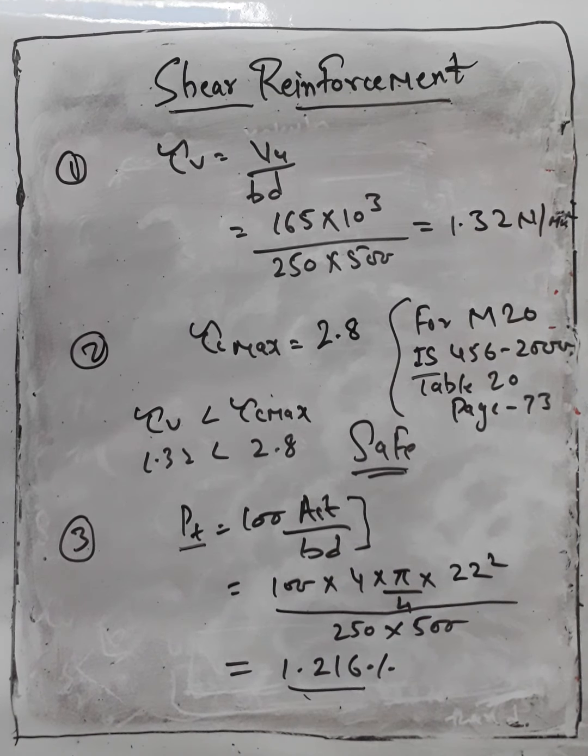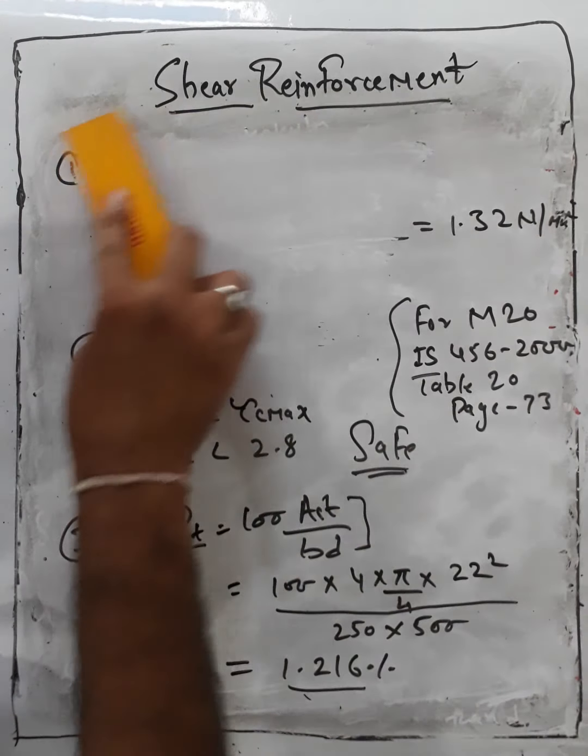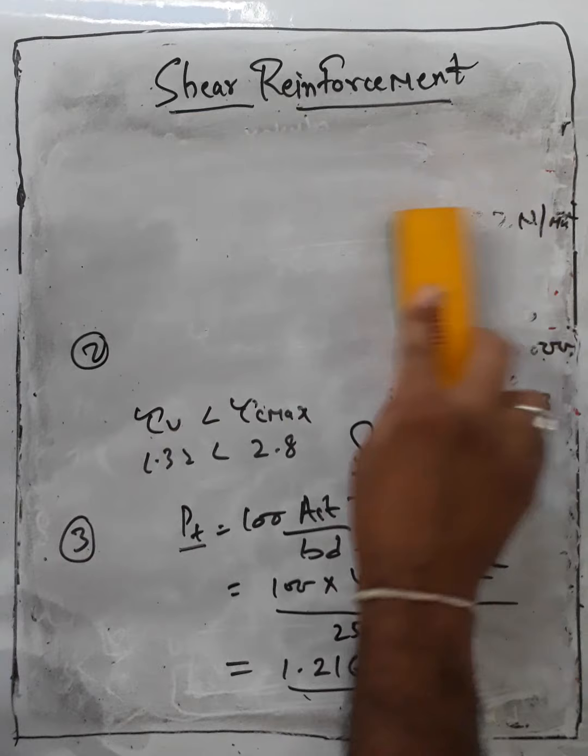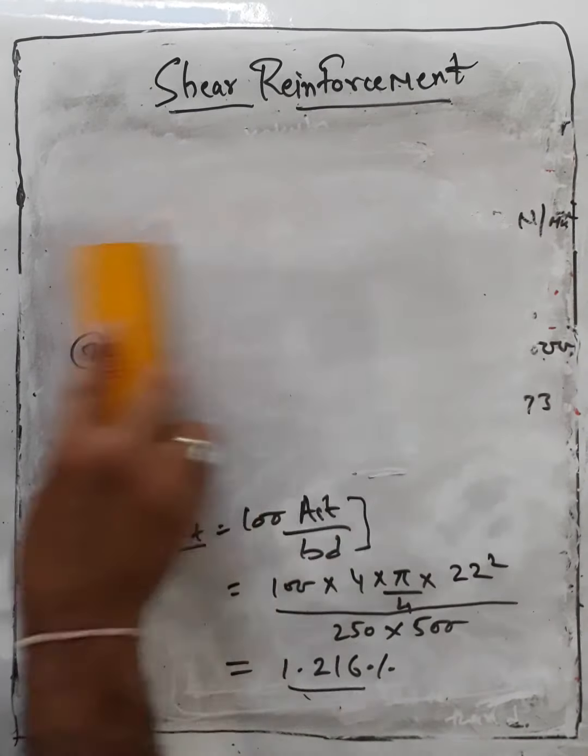Now you have to visit IS 456 2000 Table number 19 and find the value of tau c.